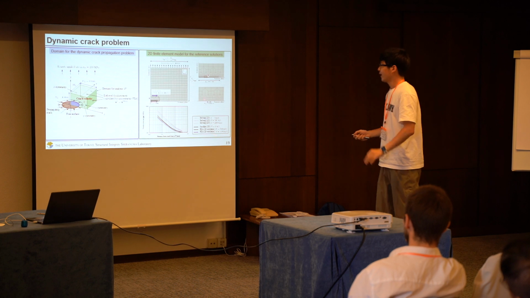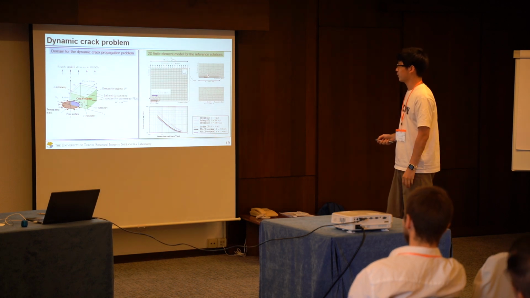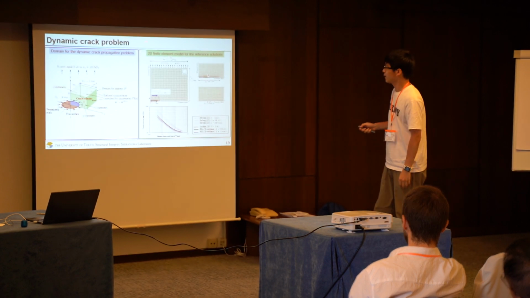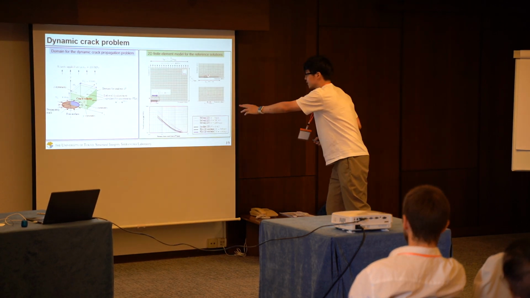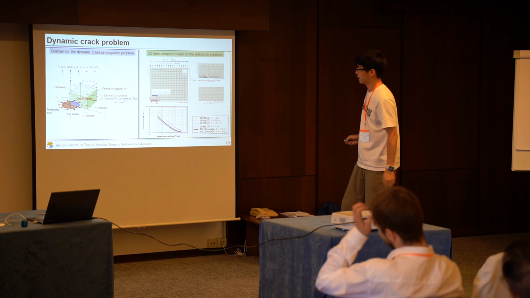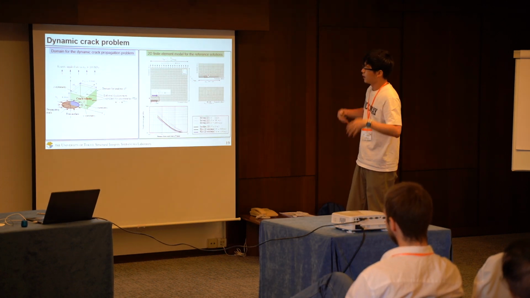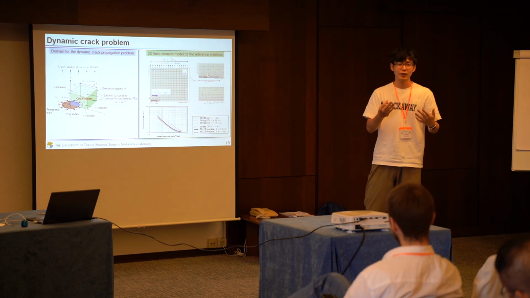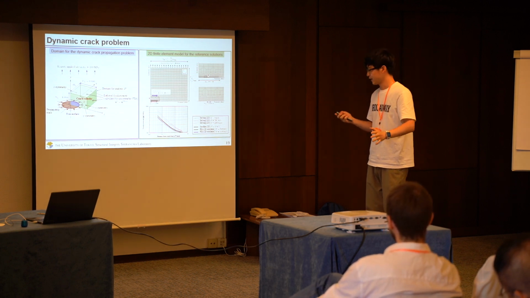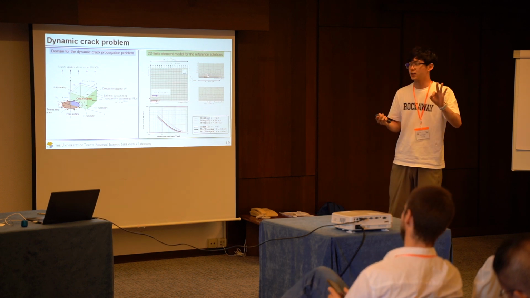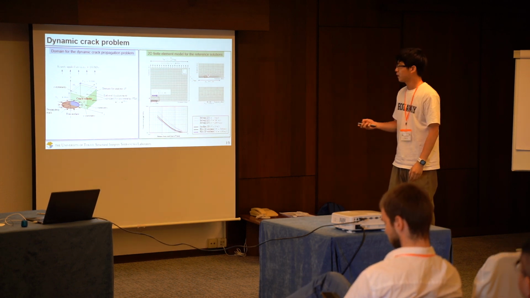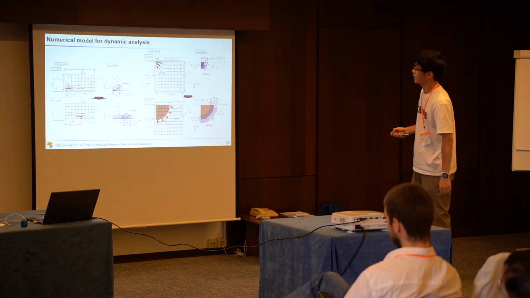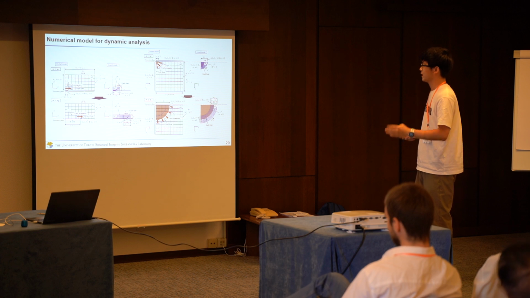For the 2D problem, we have the analytic solution, and we compare the results obtained by the 2D FEM model with the 2D analytic solution, and we find that our model has relatively high accuracy, so we can use it as a reference solution for the 3D dynamic crack problem.